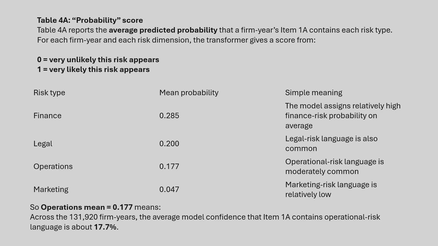So that means the probability of the firm to appear to have finance risk. They have a 0.2 probability to have a legal risk, 0.177 probability to appear operational risk. Market risk is quite low. So this is the predicted probability.